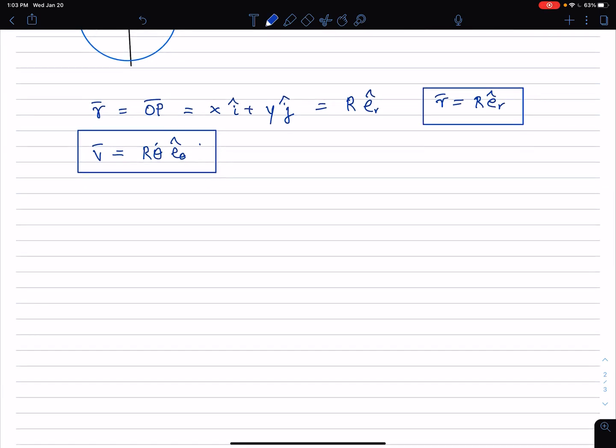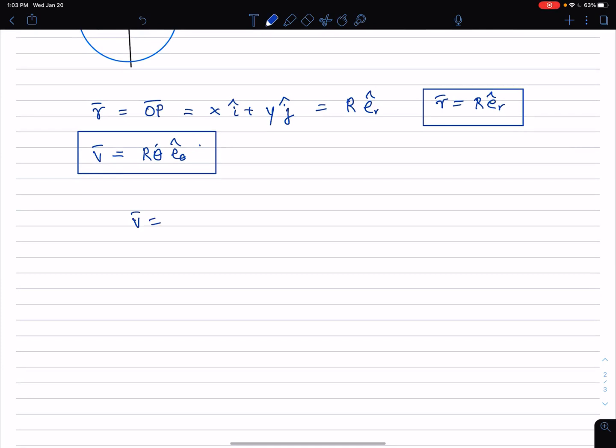And the third equation is, note, v is also equal to dr by dt because it's the rate of change of position. This is the position vector. This is velocity. And when we ask for velocity, remember to always give a vector answer.